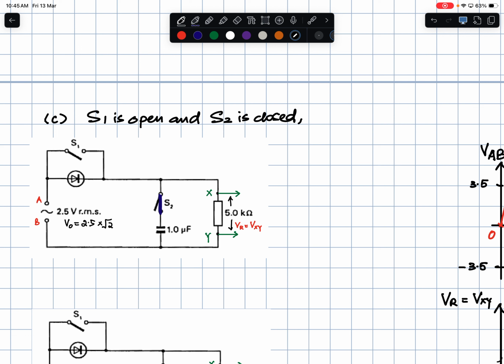Number 1, what happens when VAB is positive? And we're going to do part of the cycle. And I'm going to explain why. Alright? Now, in the first half of the cycle, something miraculously happens.